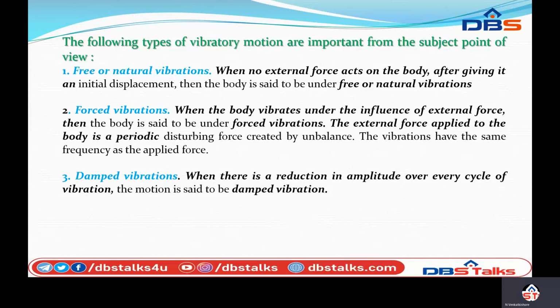This is due to the fact that a certain amount of energy is possessed by the vibrating system, and it is always dissipated in overcoming frictional resistance to the motion. So the body which is vibrating takes some amount of energy, which is dissipated in overcoming the frictional resistance.